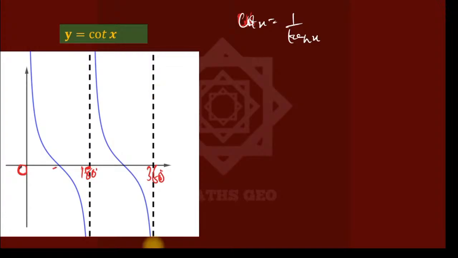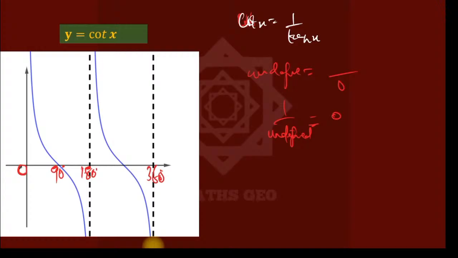This is now 90. Where it is not defined now. If you reciprocate, remember undefined means division by 0. So if you now reciprocate, where there is 0, it will be defined, it will be 0. If you reciprocate undefined, it's now 0.